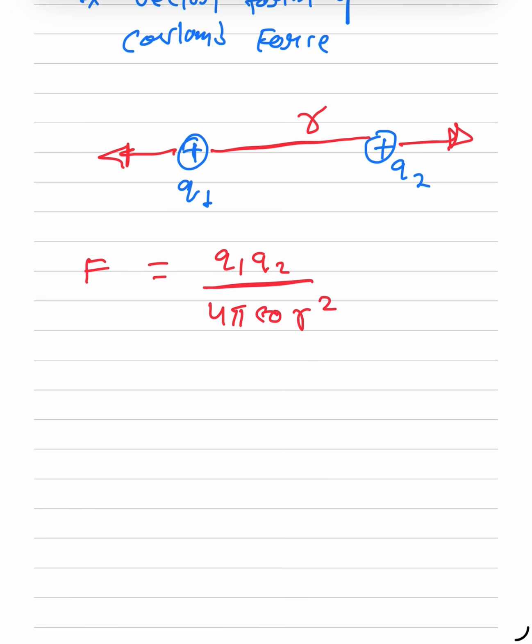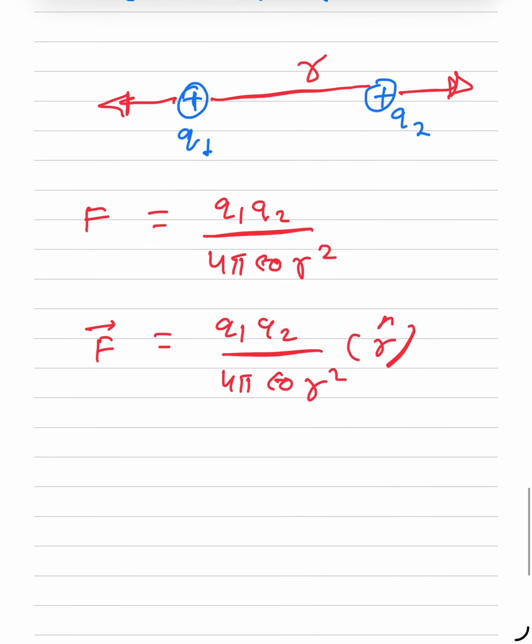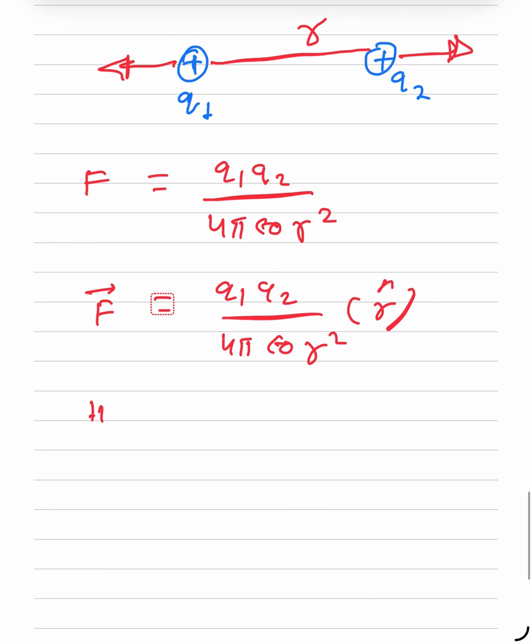In this situation the Coulomb force F equals Q1 times Q2 divided by 4 pi epsilon naught r squared, and for the vector form, vector F equals Q1 times Q2 divided by 4 pi epsilon naught r squared times r cap. Here r cap is a unit vector.